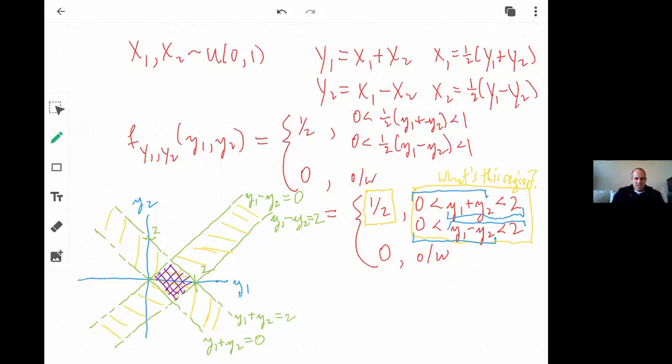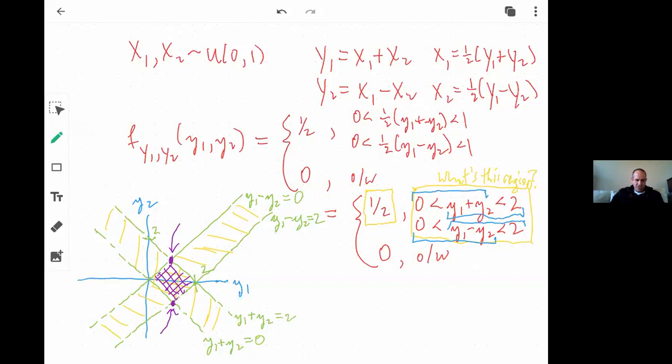And what is the area of that thing? Well, check it out. This point right there is on both of those upper lines, and this point down here is on both of those lower lines. And what points are those?